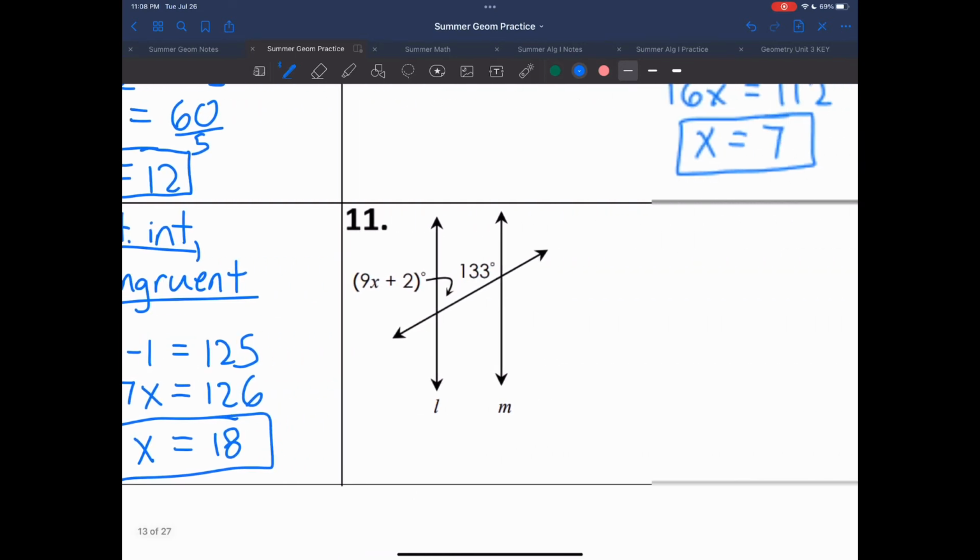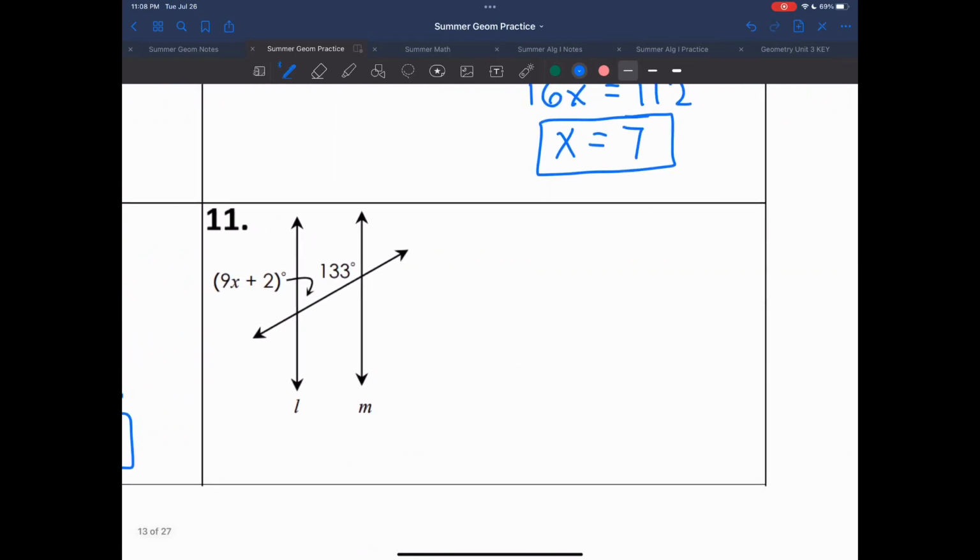Good. All right, number 11, let's look at those angle pairs. We got one here, that's where the arrow is pointing, and then one right here. So if we draw our transversal line, or we highlight it, they are both on the same side of that line. Okay, so they're same side, and then let's look at the other angle pairs here. And then both those angles are on the interior.